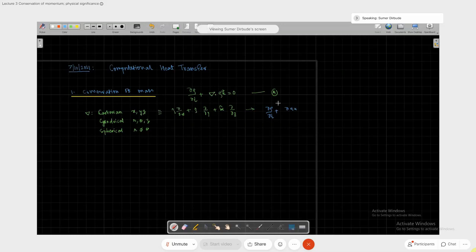Here u is defined as iu plus jv plus kw.